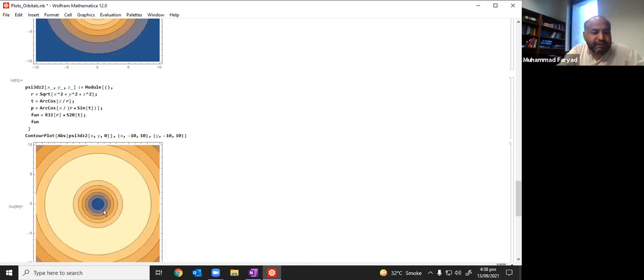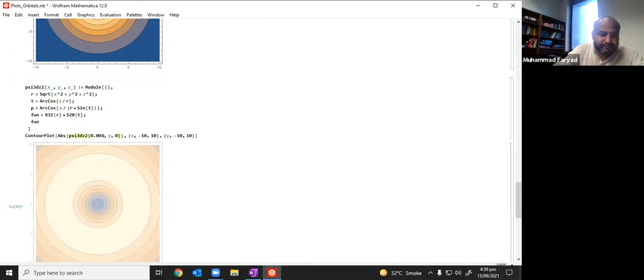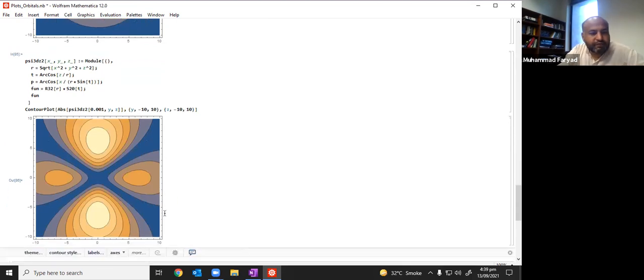In the xy plane it is symmetric. Let's check it in the YZ plane. So in the YZ plane it's like this. This is the y axis and this is the z axis.